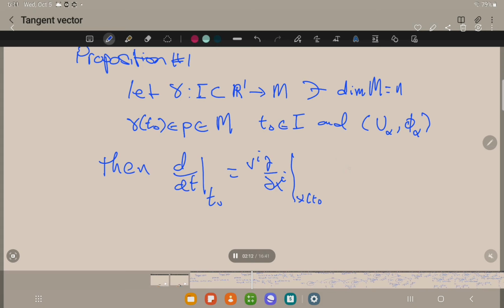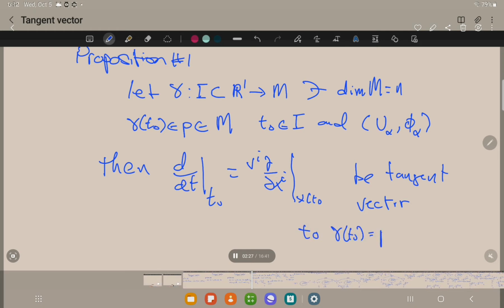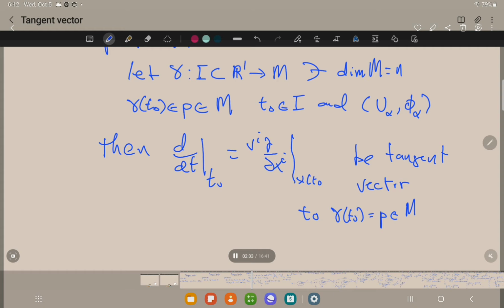So this here is the tangent vector. It's the tangent vector to the curve gamma at t0. And then, of course, the derivative of this curve is the vector that we're talking about.